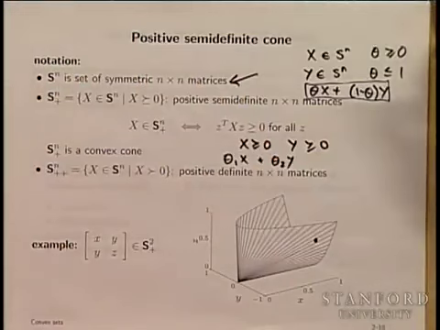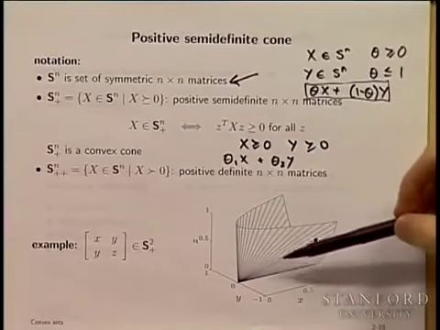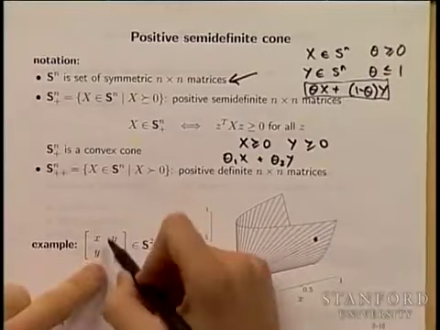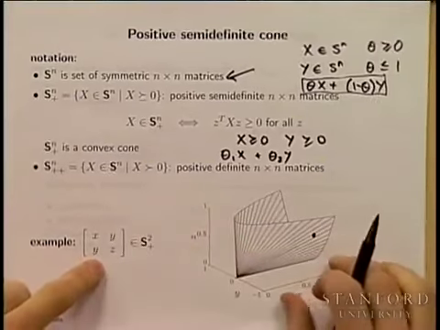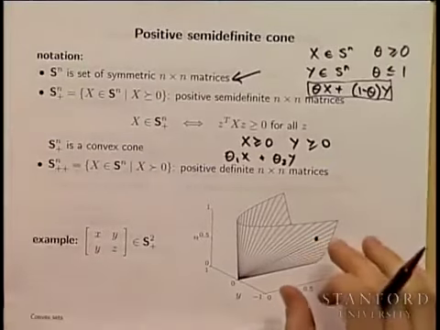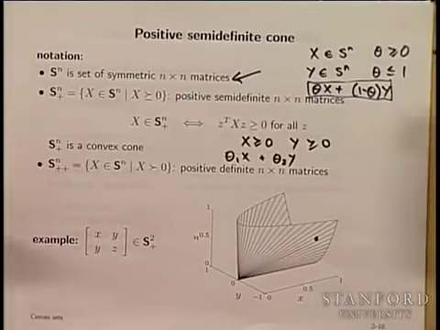Can you have a positive definite matrix that's not symmetric? Yes, you can. This particular picture does depend on it because we've explicitly said that. Basically, it's bad form to give somebody a non-symmetric matrix.